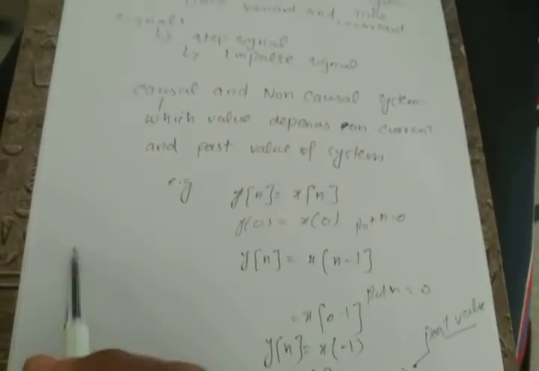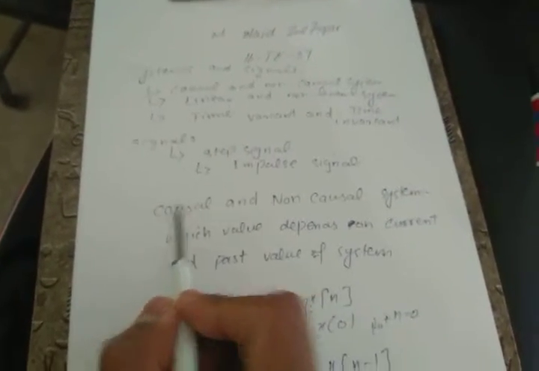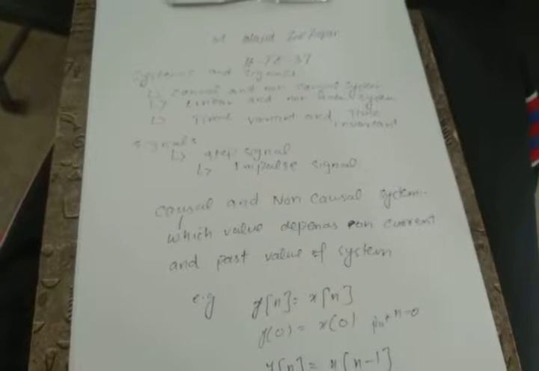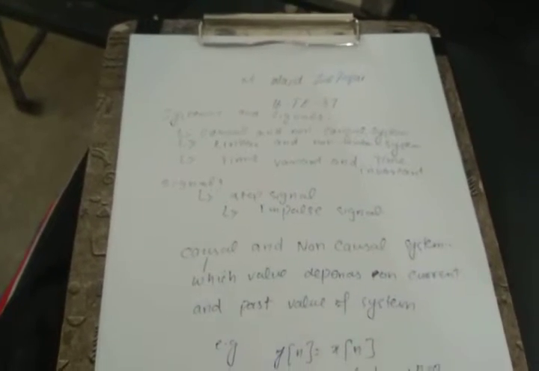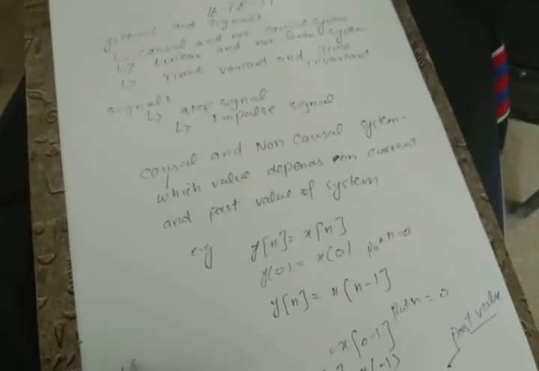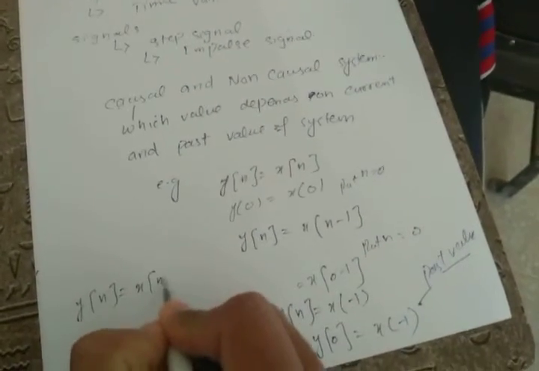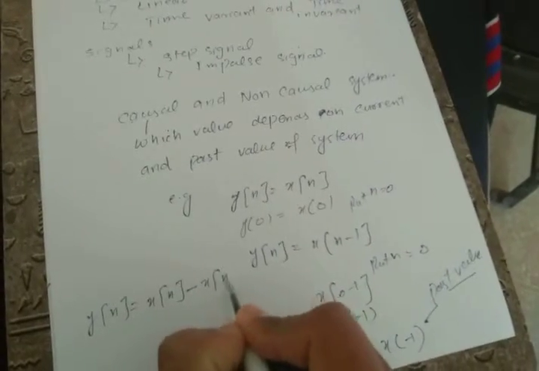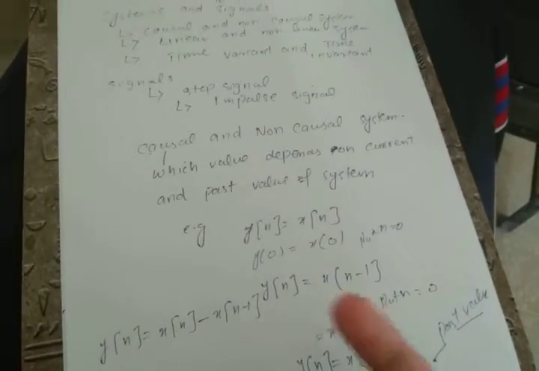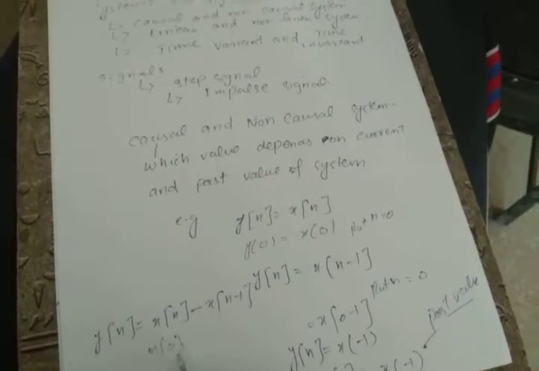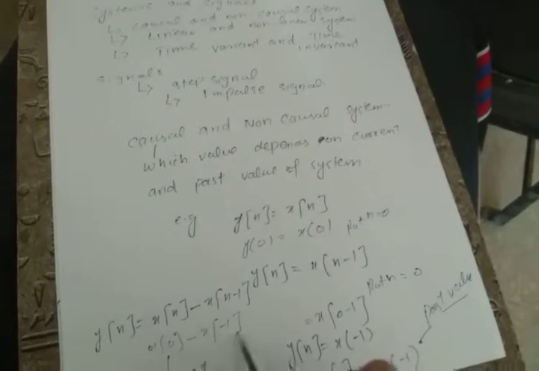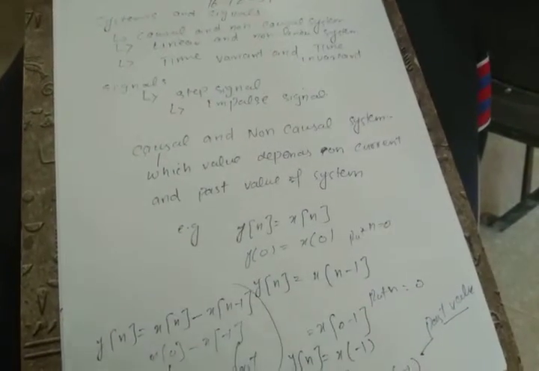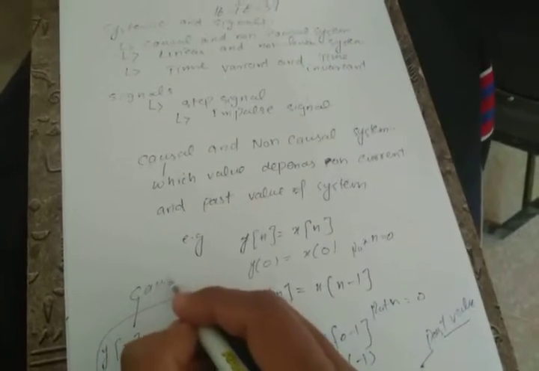So we can explain causal systems as the systems which depend on the past and the present value of the system. For example, we combine this system as y of n is equal to x of n minus x of n minus 1. Put n equal to 0, then we get x of 0 minus x of 0 minus 1. This is the present value and this is the past value. So we can say that this system is a causal system.